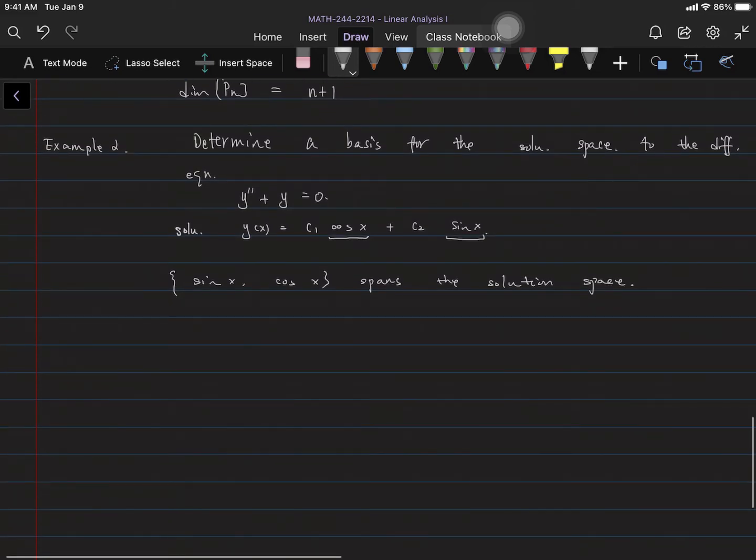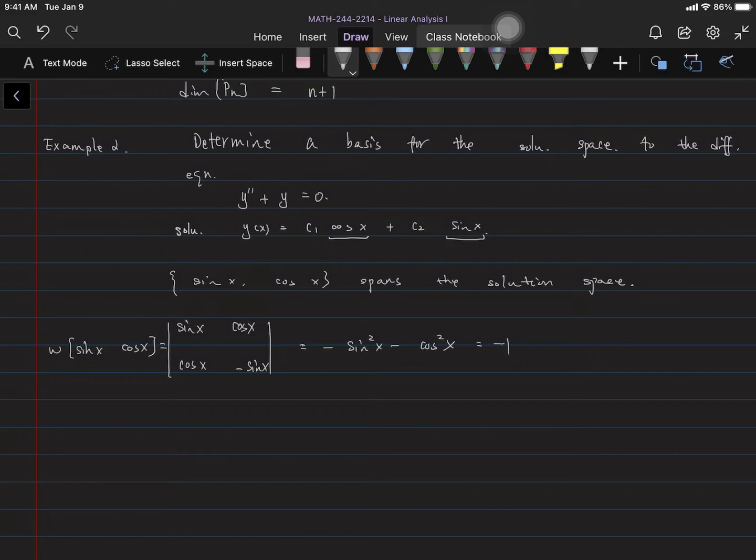Next, if we want to prove they are independent, we just write down the determinant: sine, cosine, then the derivatives, which are cosine and negative sine. After simplifying, we get negative sine squared minus cosine squared, which is negative 1.